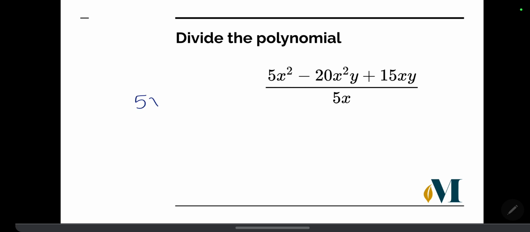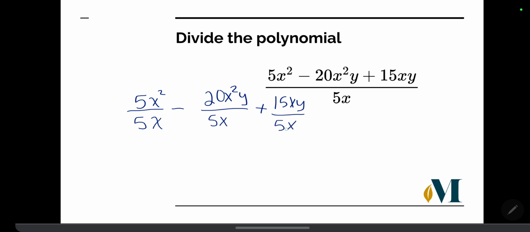We have 5x squared divided by 5x, minus 20x squared y divided by 5x, plus 15xy divided by 5x.